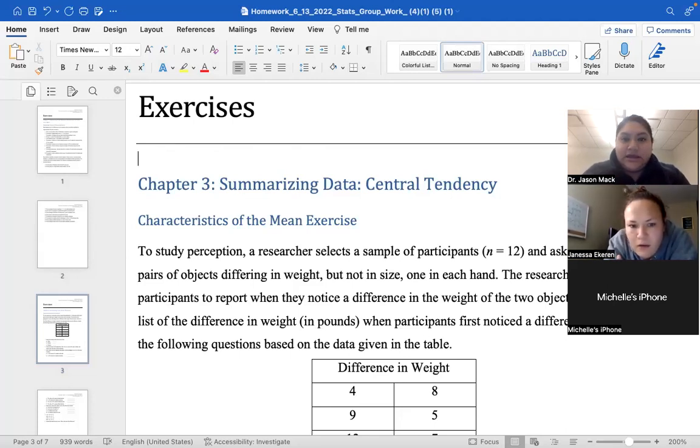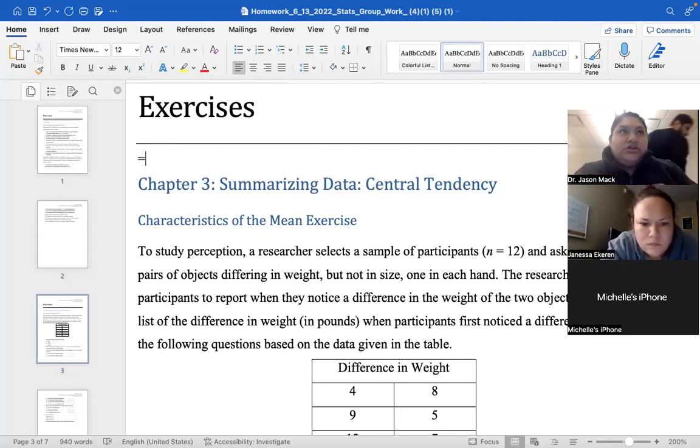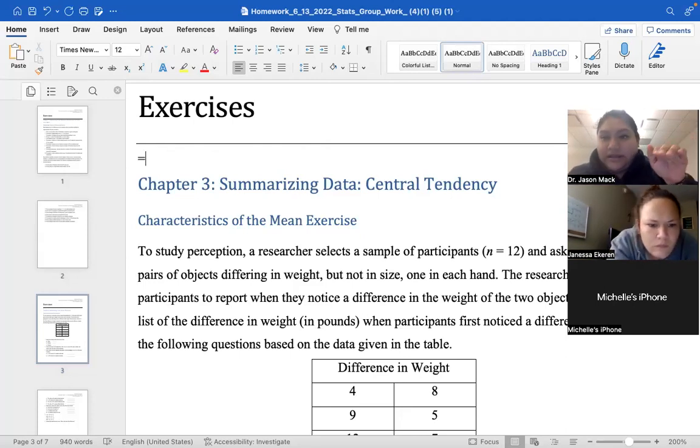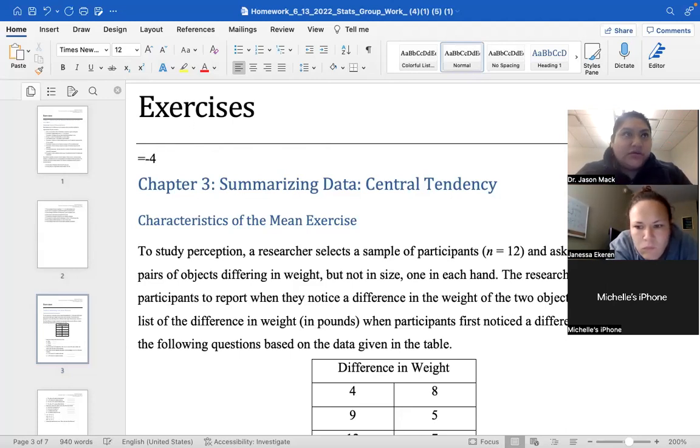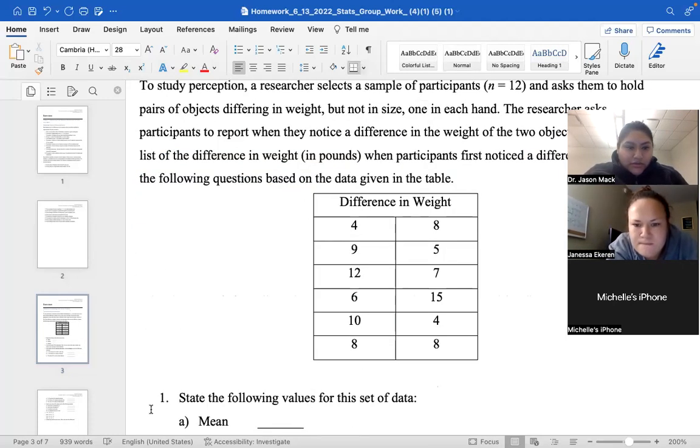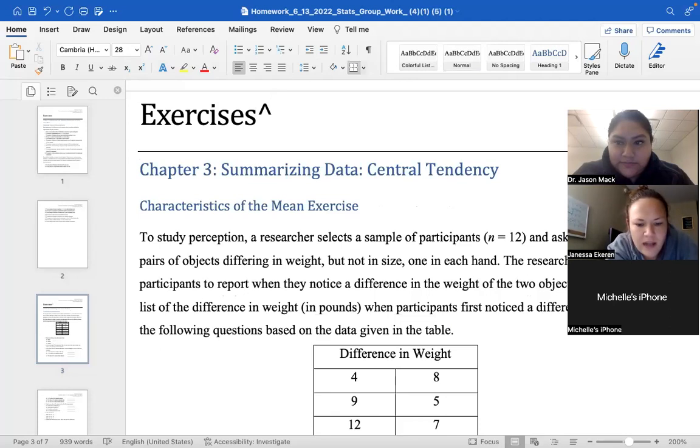So he did, on the next column, equals, and then the number, where the negative is. It was -4, and then the little caret signal, and then 2.